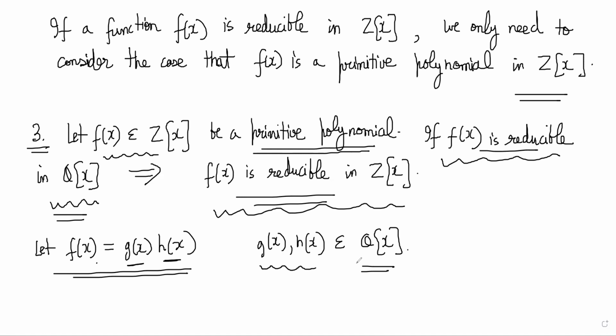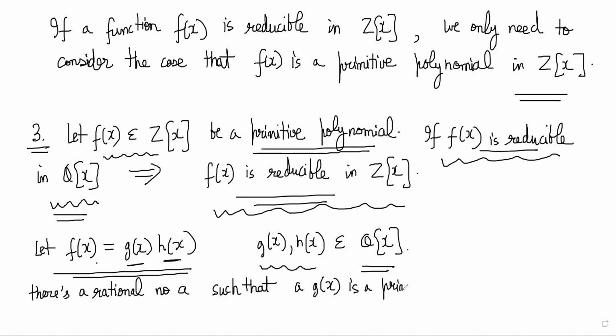So we know there is a rational number a such that a times g of x is a primitive polynomial, right? And similarly, there will be a rational number b such that b times h of x is also a primitive polynomial, right?